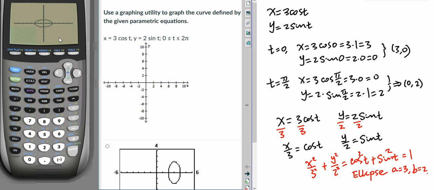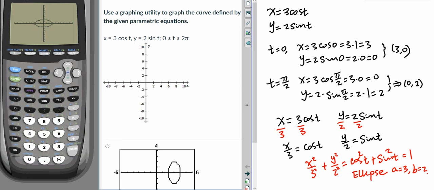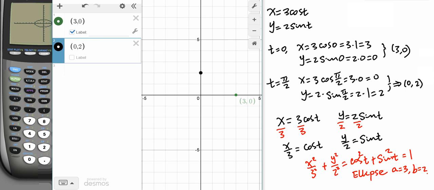Okay, that's by the TI-84 calculator, and also by Desmos. You can do it easily in Desmos. In Desmos, you can input in the same way. Let me just input right here.